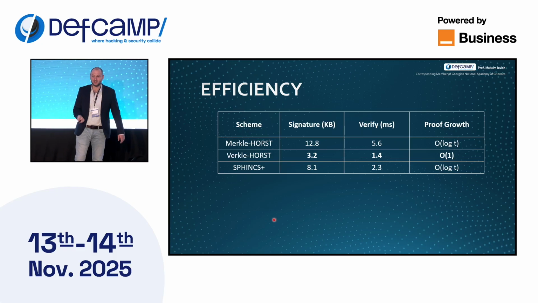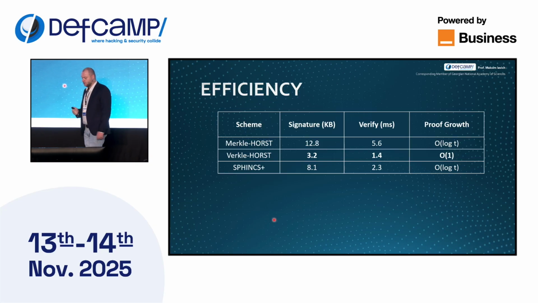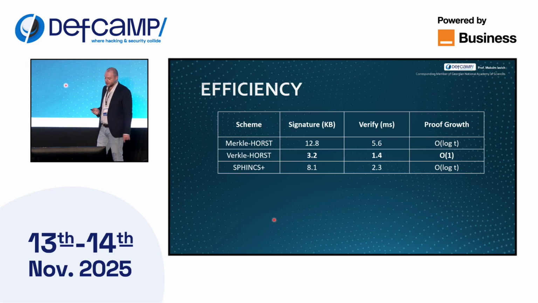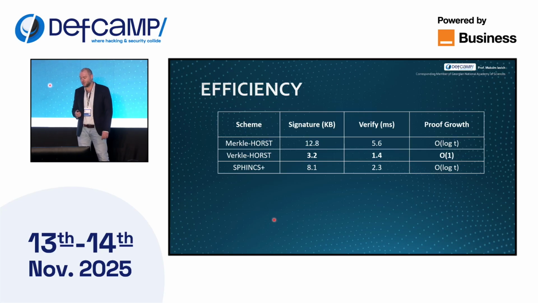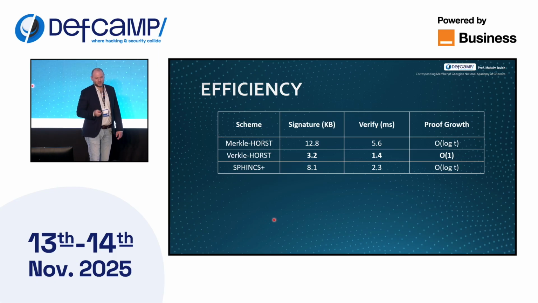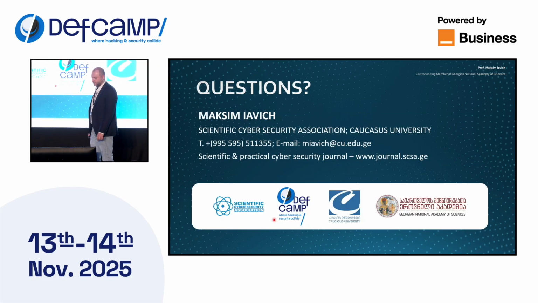We also do this, but it's another part of the research, and it's now underway. So in our case, as you can see, the signature is much smaller. Verification time is rather small. The calculation is a bit less efficient.